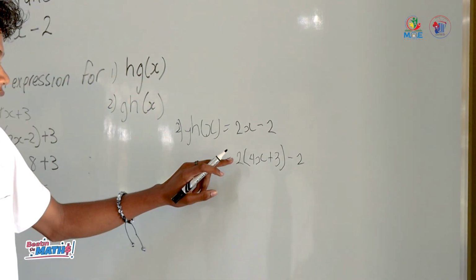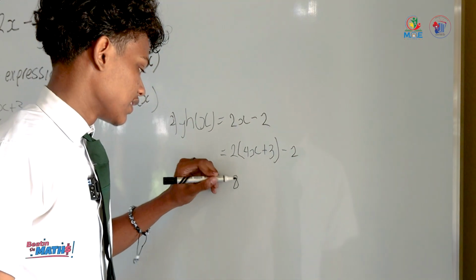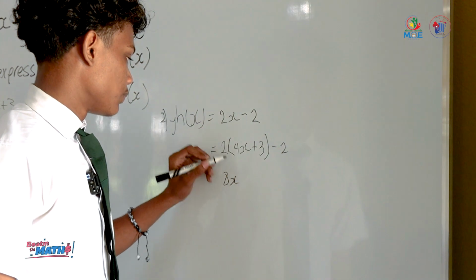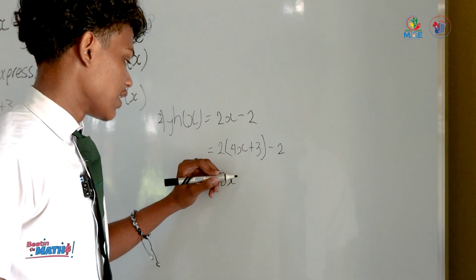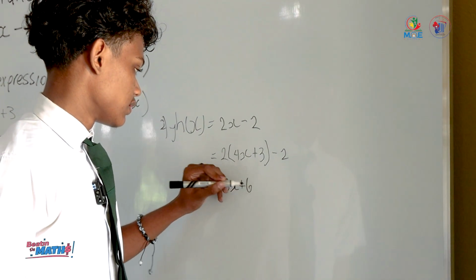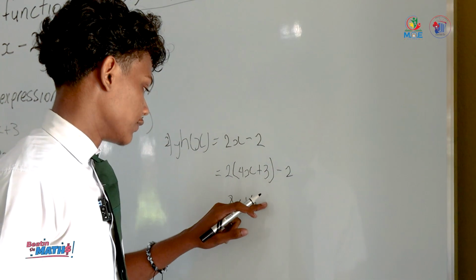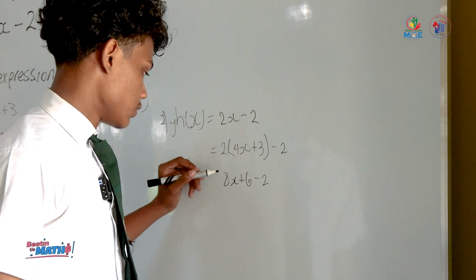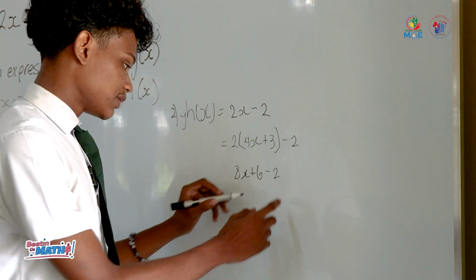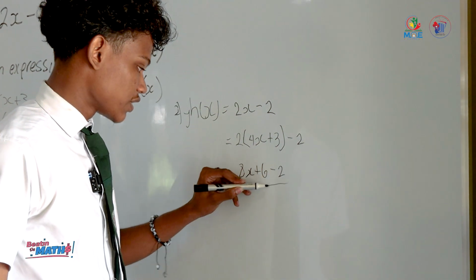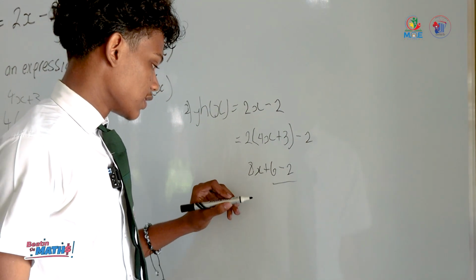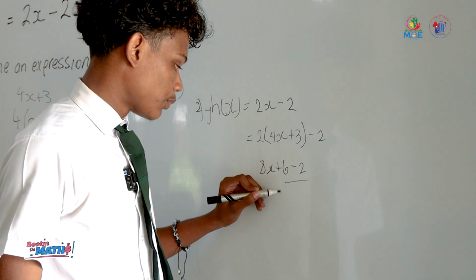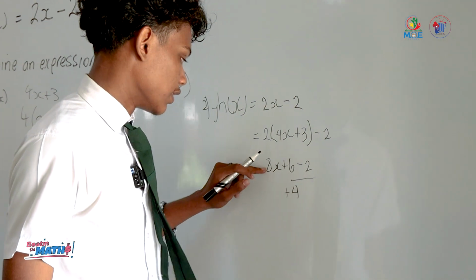Now, multiply 2 by 4x, we have 8x. 2 by 3, we have 6. And then we bring down the negative 2. And then for this little equation here, we just work it out. We have positive 4, and then we bring down the 8x.